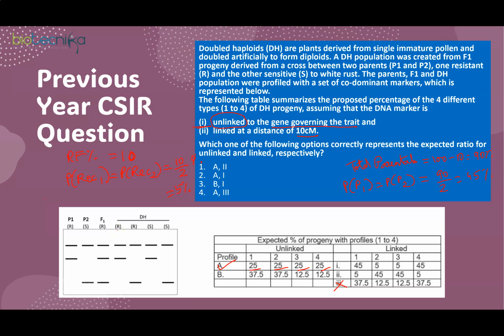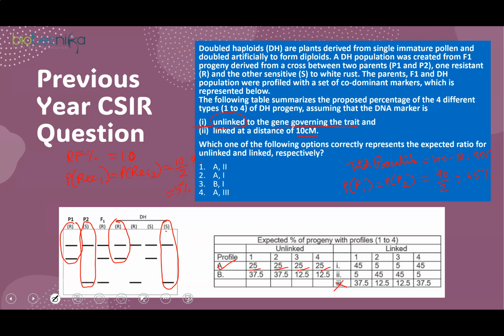When we do that, the 1 is exactly matching P1. It is RR and these two bands are there. For P2, it is exactly matching category 4, where it is SS and the band pattern.